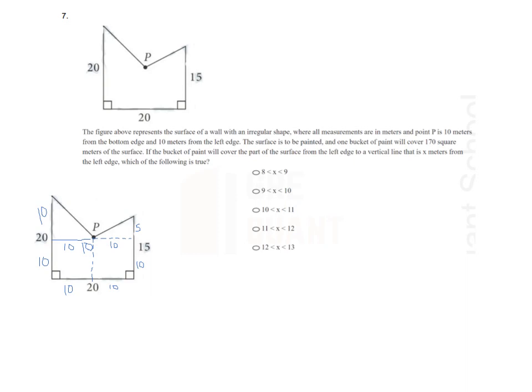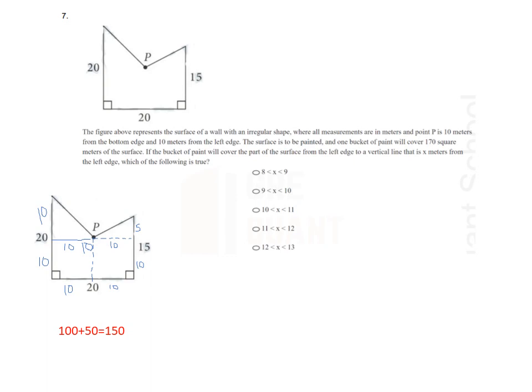So here we got a square and a triangle, right? Now we can estimate what we need. So 10 multiplied by 10 equal to what? That is 100. That is the area of the lower left square.